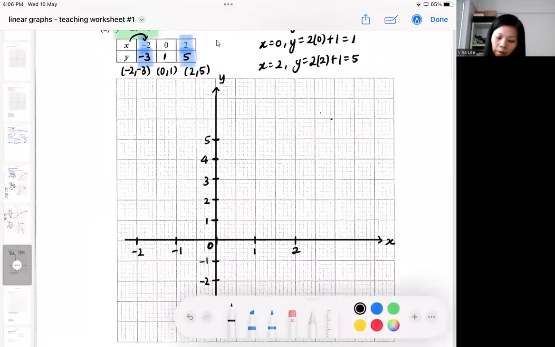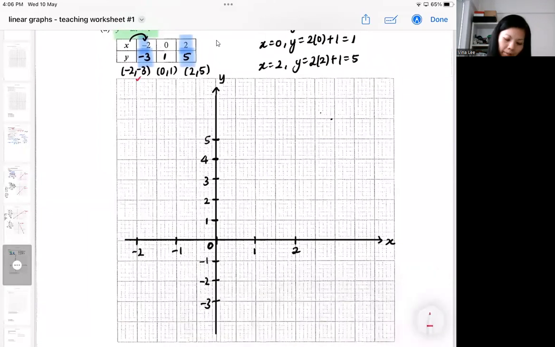Once you're done, you can start plotting. Plot the first one. Be very mindful about the plotting. Some students will plot wrongly. It's supposed to be XY, but sometimes their eyes play tricks on them and they plot YX. If you look at the 3 points, they all nicely join up.